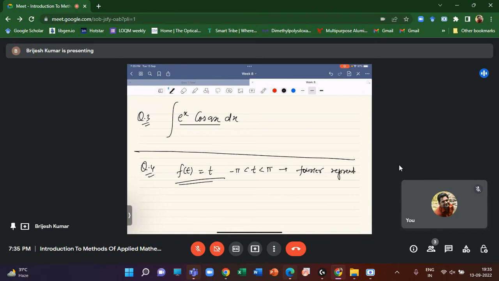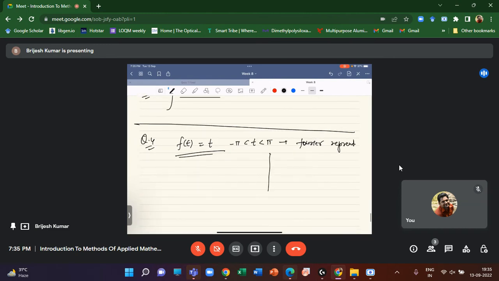So what will be the Fourier representation of this function? We know the function is like this: this is pi, this is minus pi, and again like that.